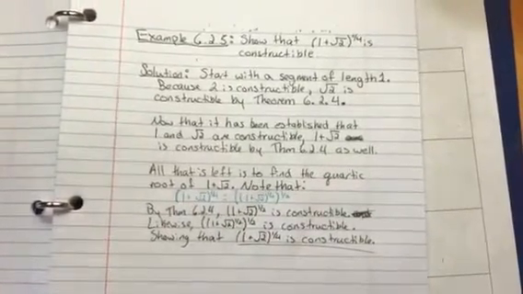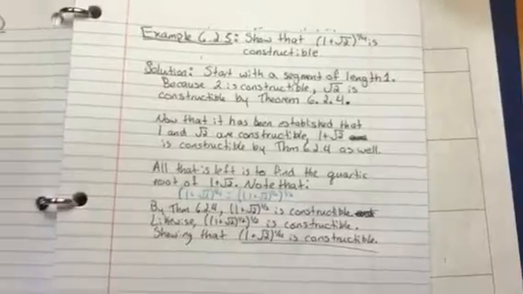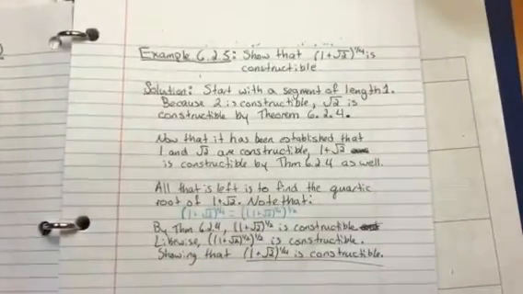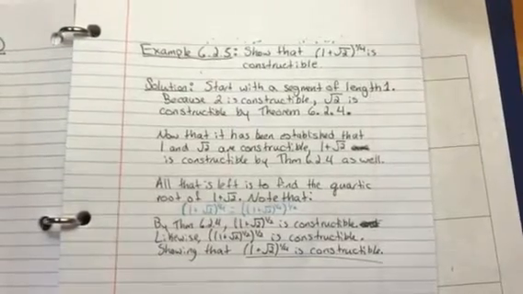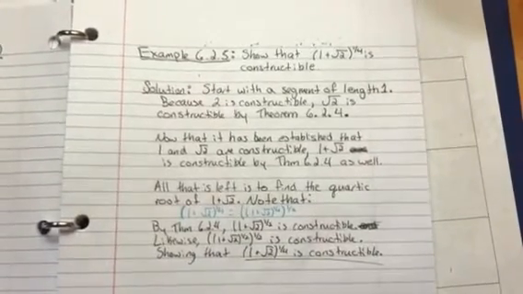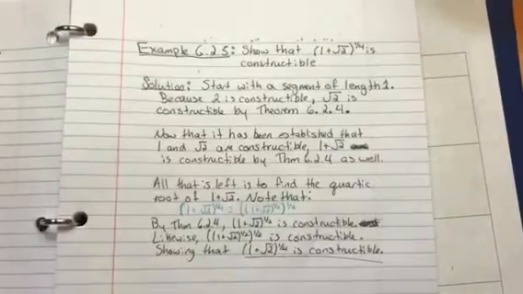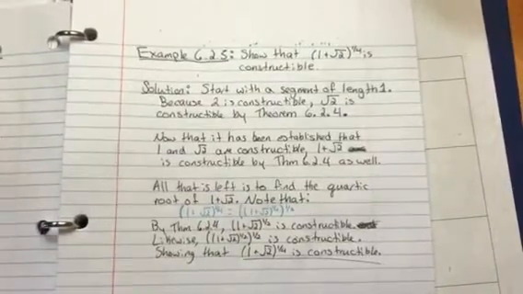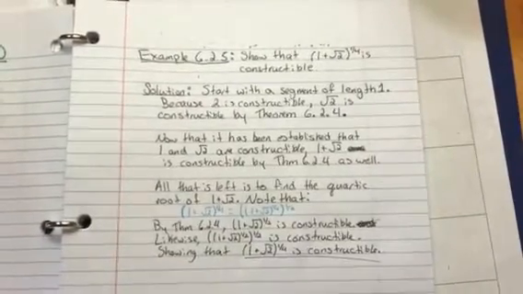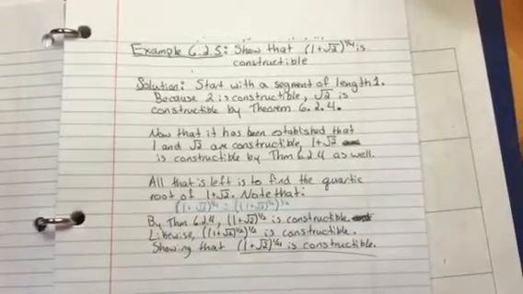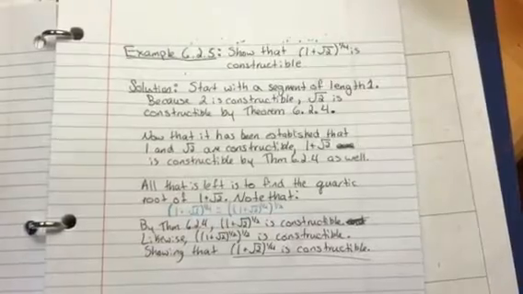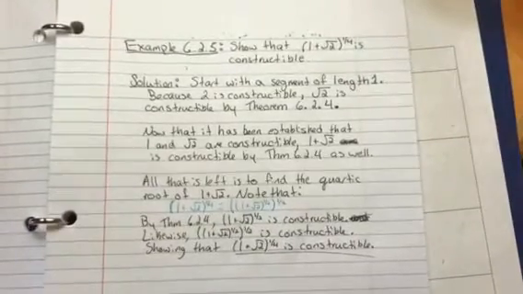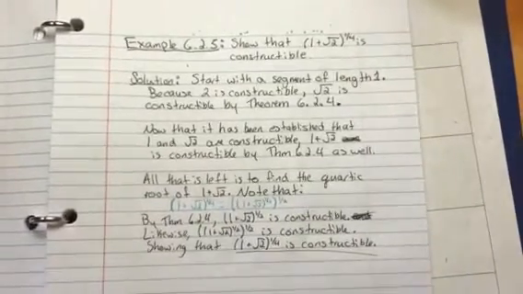And you recognize those are just square roots. By theorem 6.2.4, we know that 1 plus the square root of 2 to the power of 1/2 is constructible. And again, if you just take the square root of that number once more, you'll finally reach our desired number, showing that 1 plus the square root of 2 to the 1/4 is constructible.